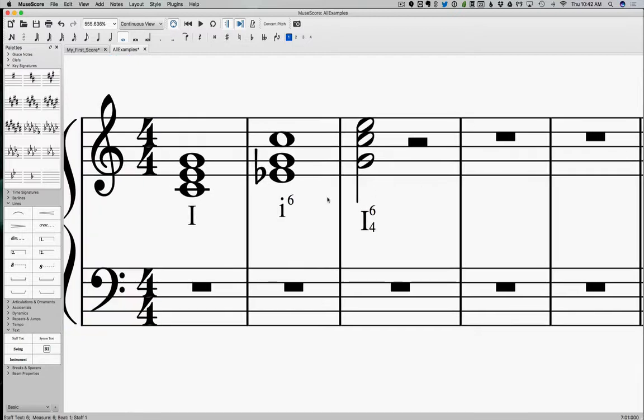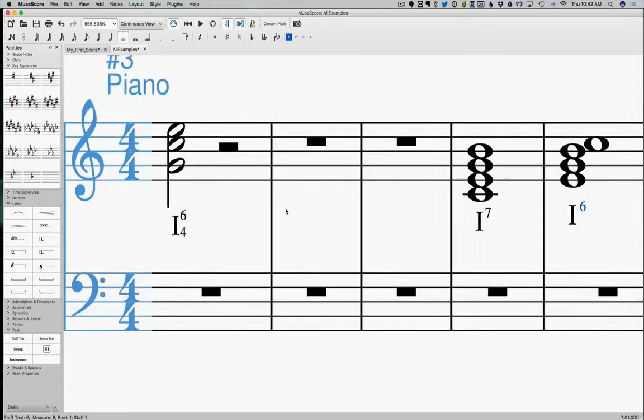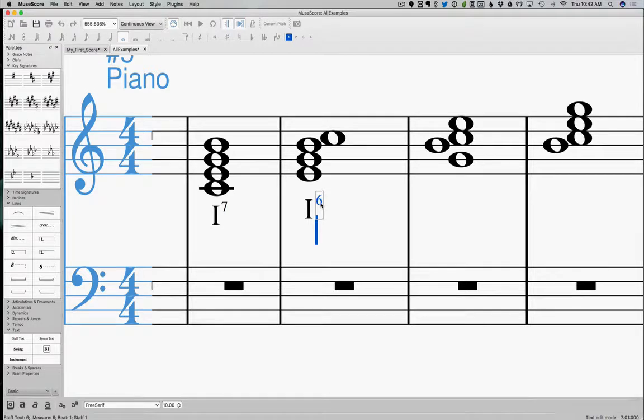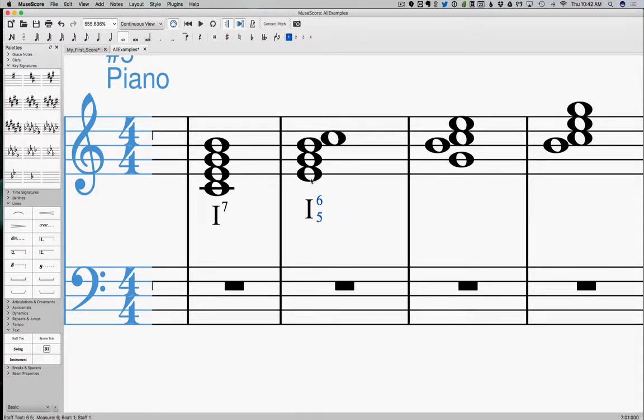To me, 1 6 means this, right? But we're on a 7th chord here, so 1 6 doesn't work. I need to know more than that. So in this case, we're going to call it a 6 5. Because here's a 6th, here's a 5, and then a 3, we already know that. So we're going to include the 5 this time because we need a little more information than just the 6 in this kind of case. Because we need to know it's a 7th chord, right?